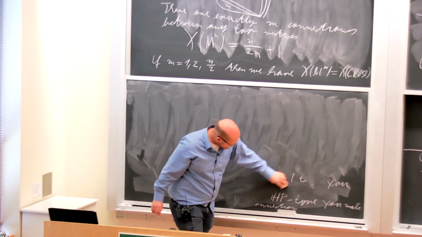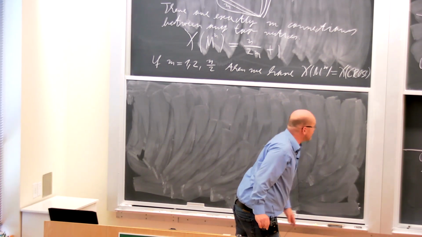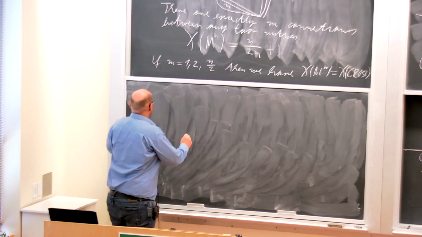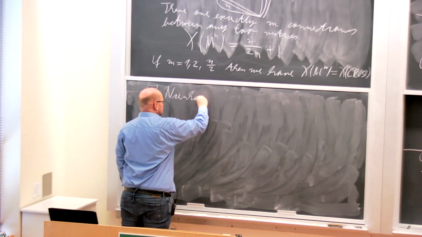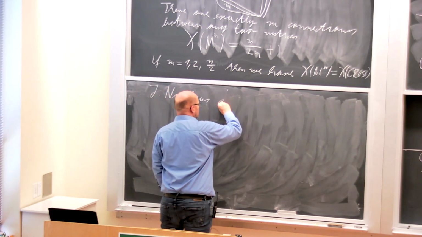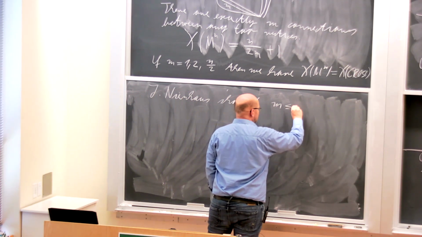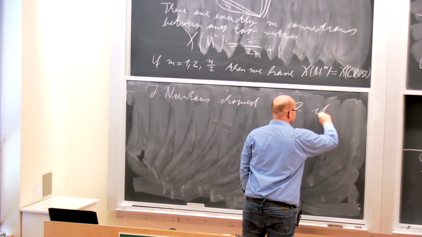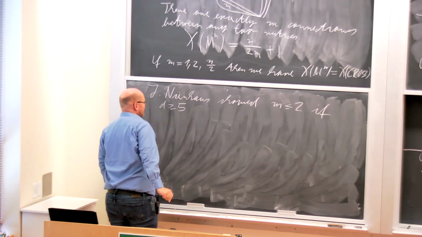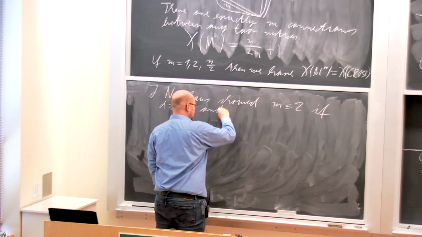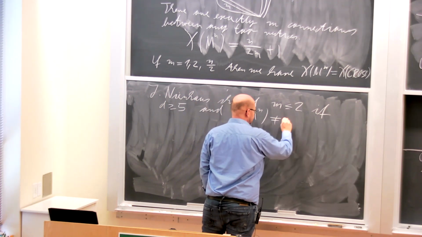But then there's another result of Jan Nienhaus that shows that codimension 2 tori are enough as long as the torus is 5-dimensional. Jan Nienhaus showed m is less or equal to 2 if D is larger or equal to 5, and the Euler characteristic is not equal to 2.